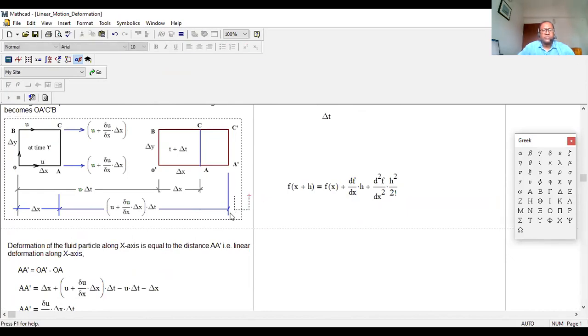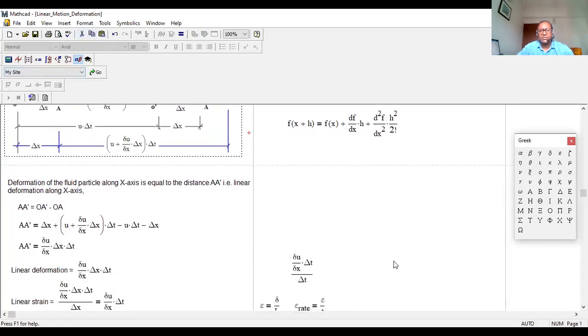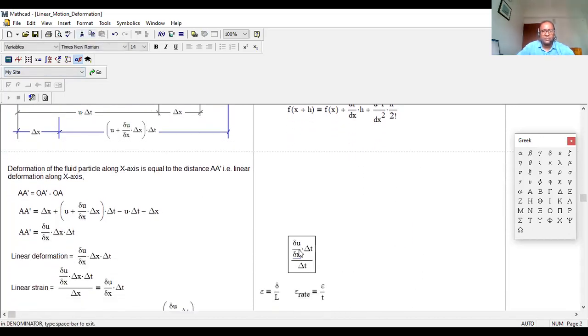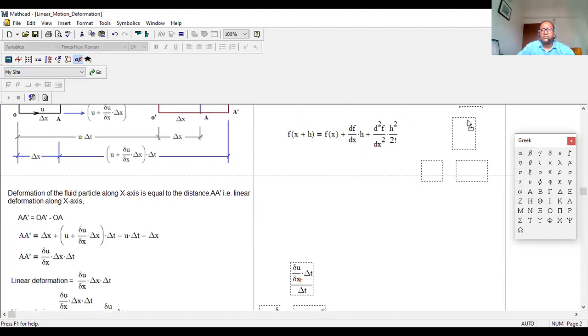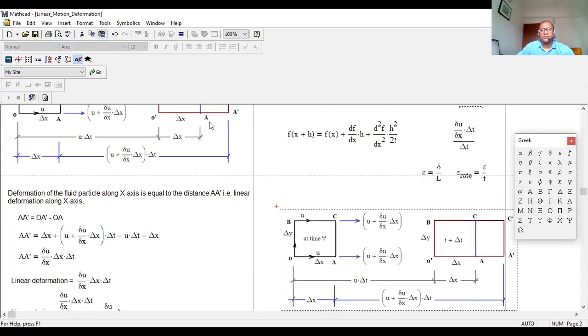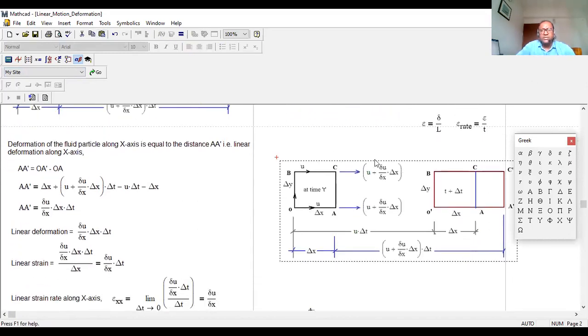Let me copy this picture. Okay, at first let's discuss this figure, then it will be easier for you to understand.